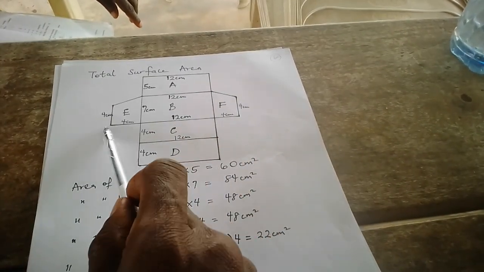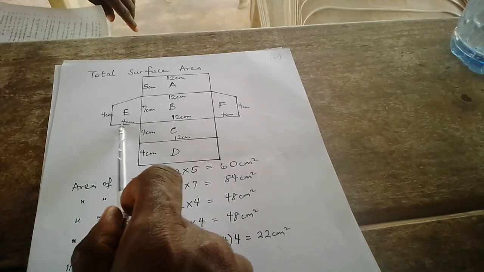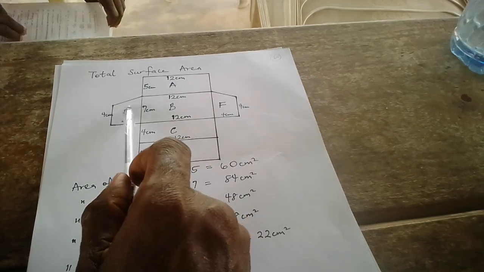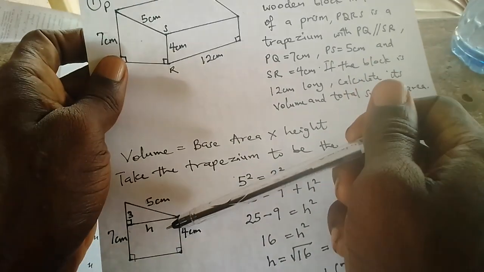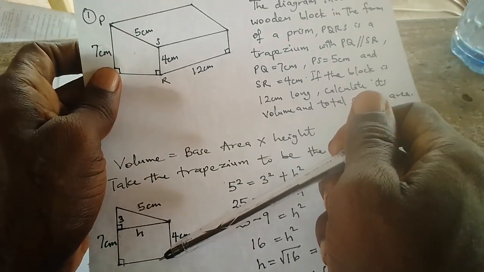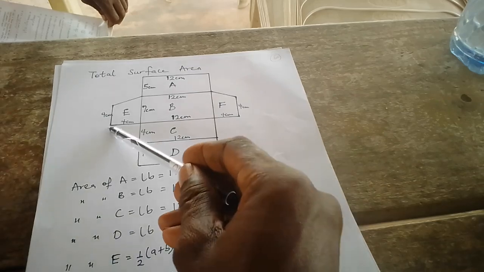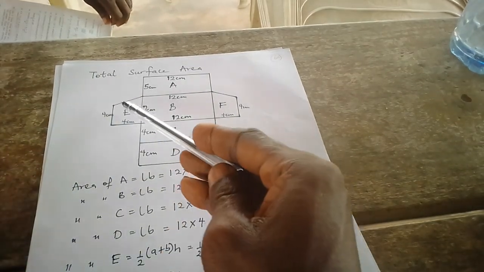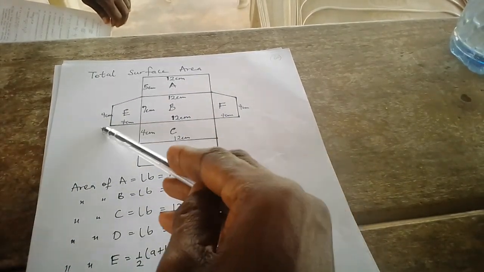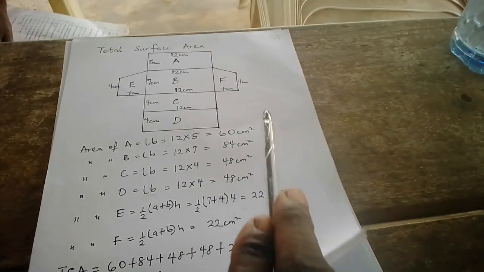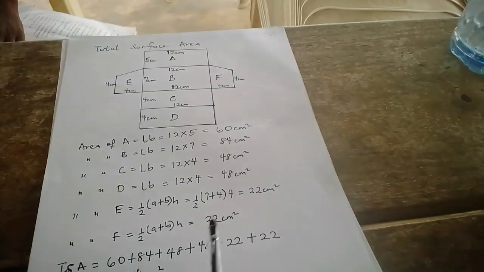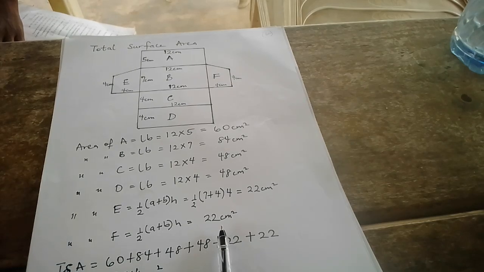So since we've been able to calculate this side the other time, the H here is still the same thing as the one here. So that's what we have here. If that's the vertical height, a trapezium is half A plus B times H. So that's 22 centimeters square. And this also, area of F will also give us 22 centimeters square.